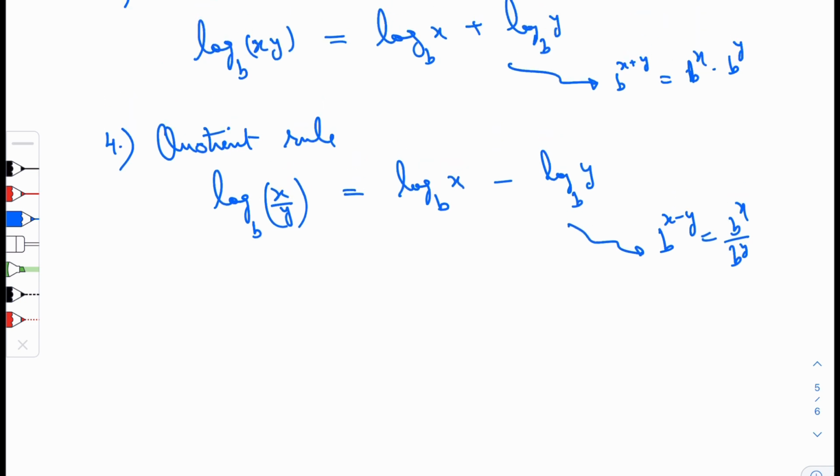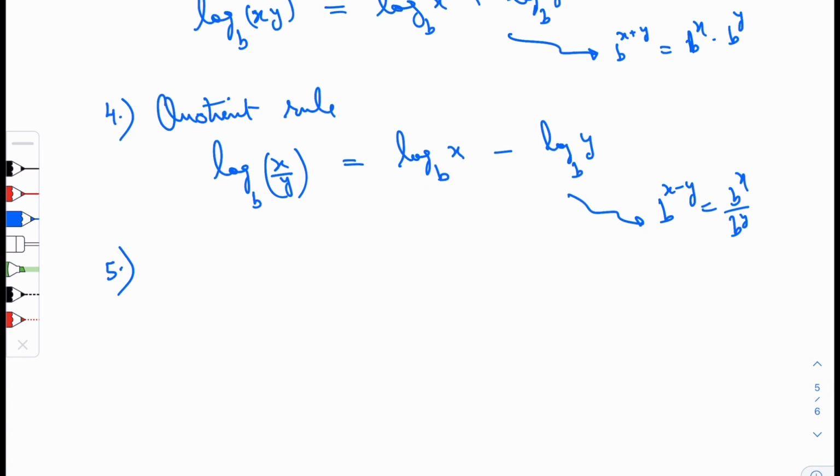And let me quote another one. Actually, it's just a cancellation property. So let me put it here like this. B power log of x to the base b, that is always x. So this is a nice property to have.